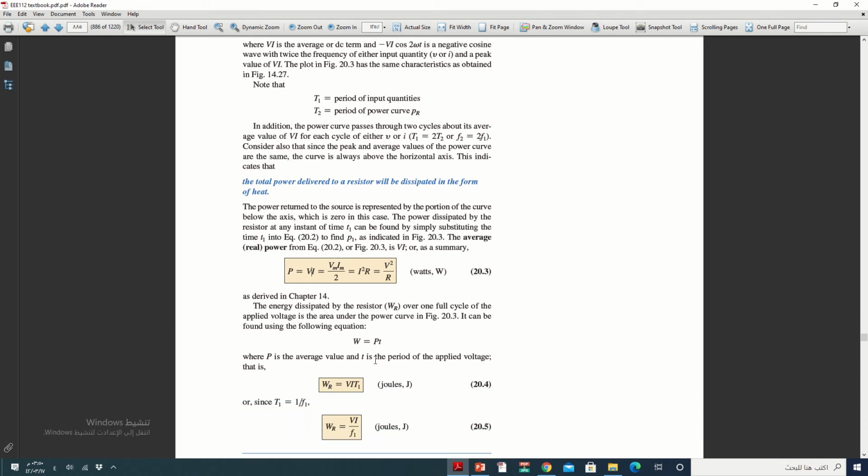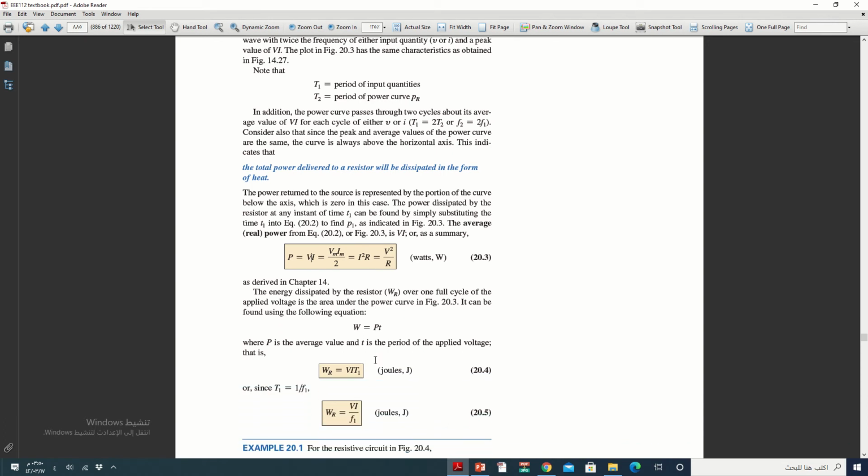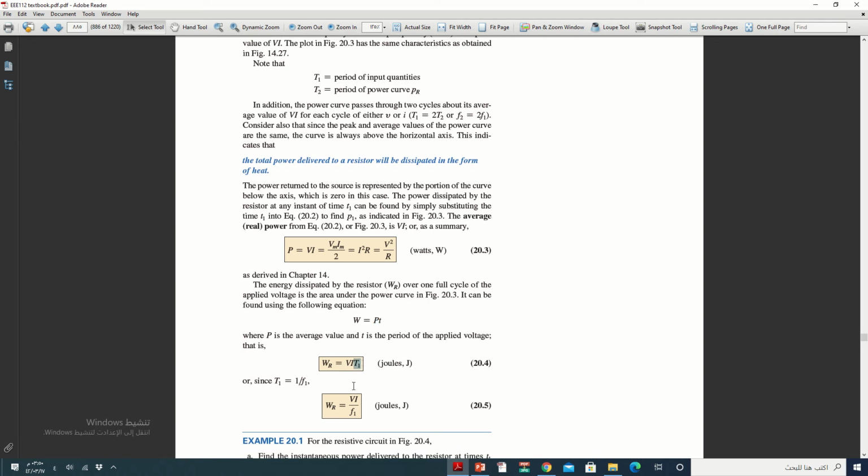Now, if we need to calculate the energy dissipated by the resistor, which is called WR, we will multiply the power by T. You will get VIT, where T is the period, or we can divide by frequency, since T equals 1 over F. We can say VI divided by frequency.